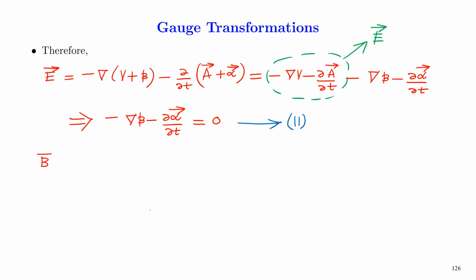Now for the magnetic flux density B, this is equal to del cross of A plus alpha, and this is equal to del cross A plus del cross alpha.